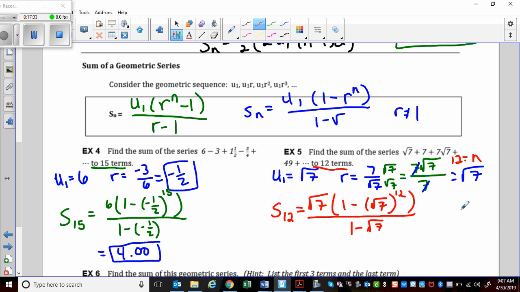Plug that into your calculator. We're going to get something like 189,133.89. Try it on your own.